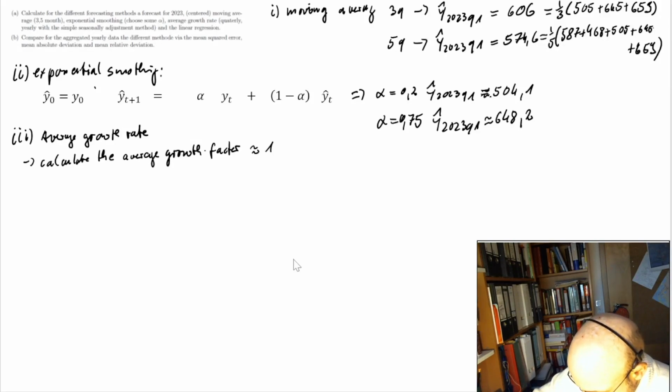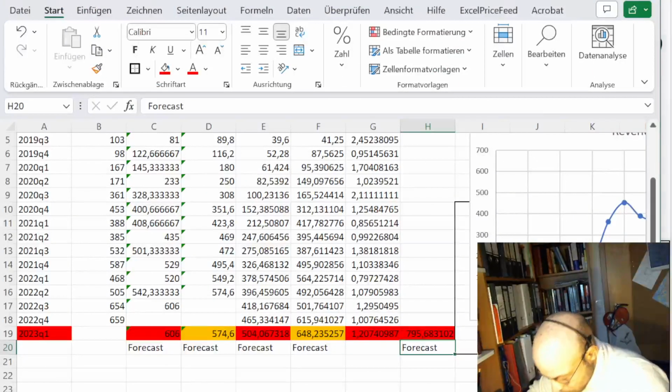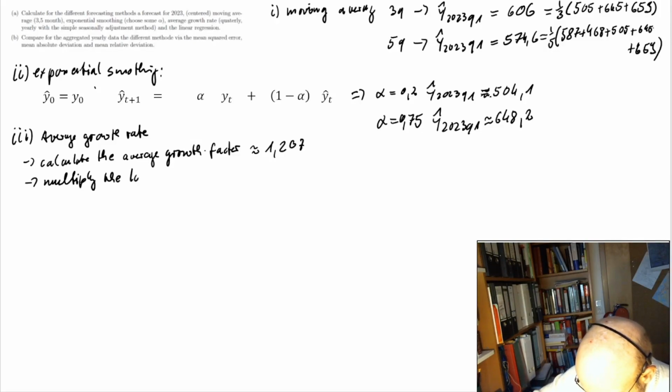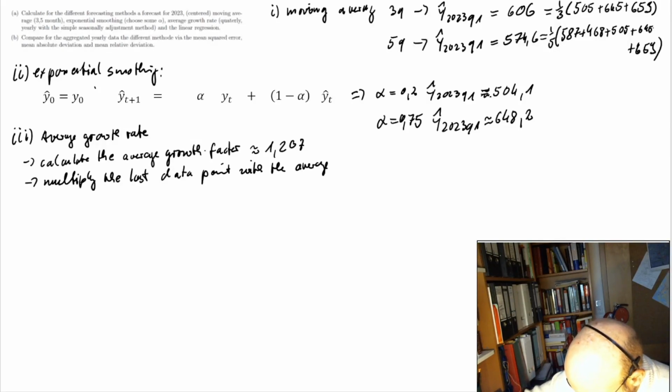This is roughly 1.207, I think. 1.207, and multiply the last data point with the average growth factor.